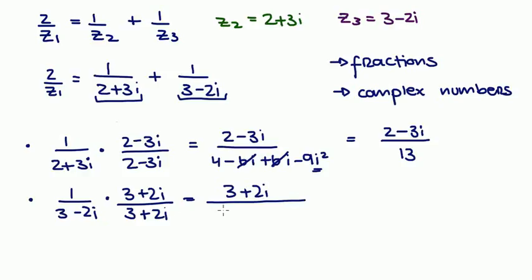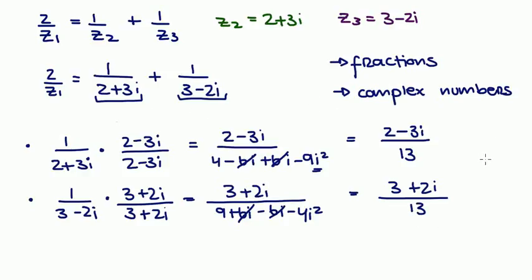And on the bottom, 3 by 3 gives us 9. We get plus 6i minus 6i minus 4i squared. So we get 3 plus 2i on the top. Again, plus 6i minus 6i cancel each other out. We get 9 plus 4 is 13.